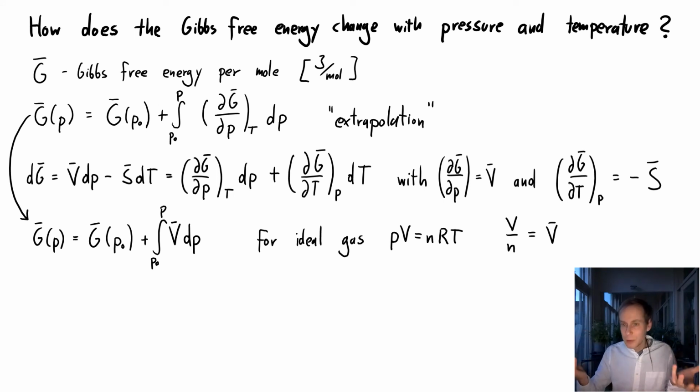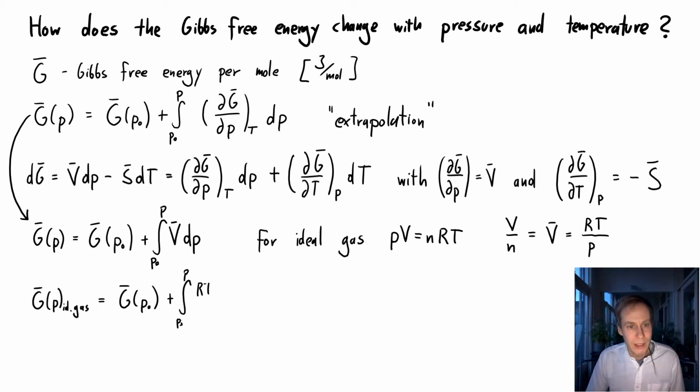It's the cubic meters per mole. And the gas equation rearranged is then simply RT on the right side divided by the pressure. Excellent. Here we have an expression for the molar volume and how it depends on the pressure. This is what we can plug in here now.